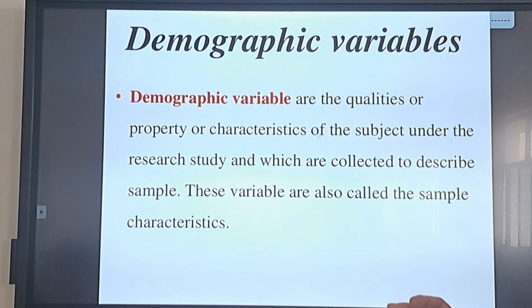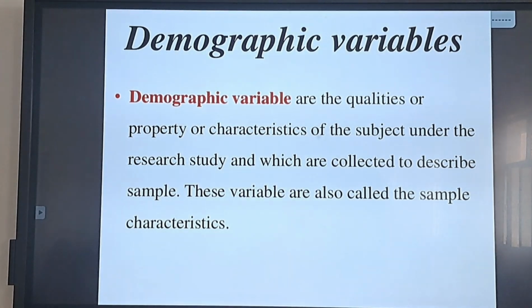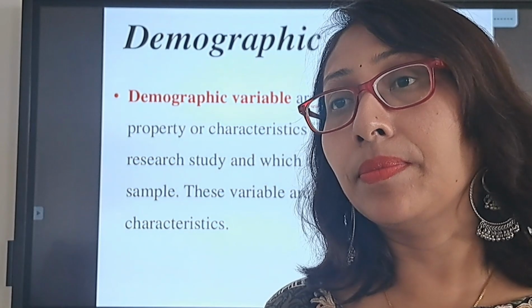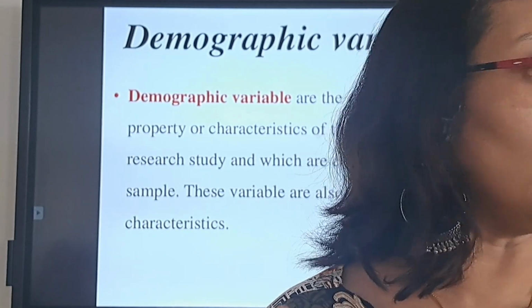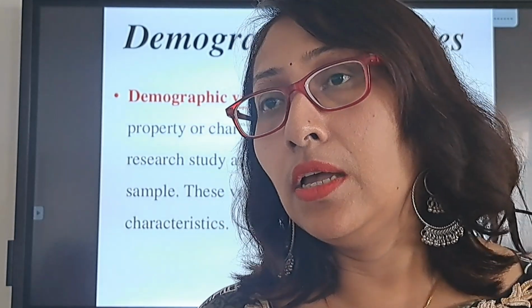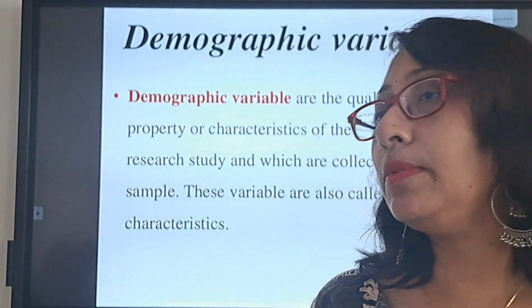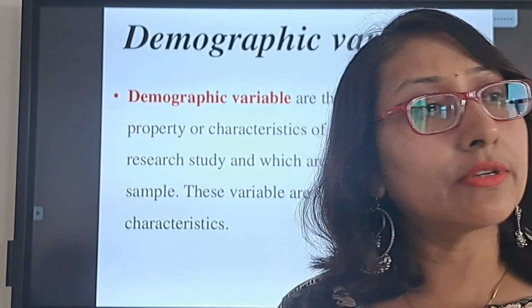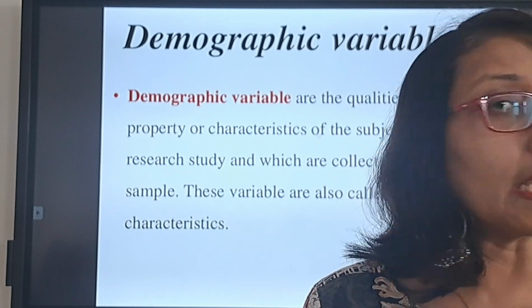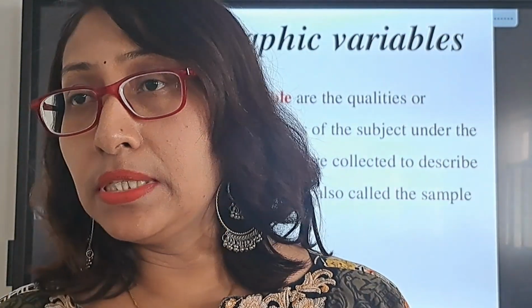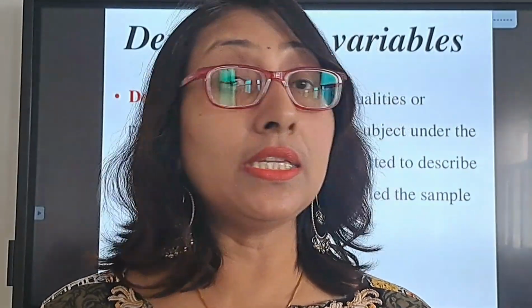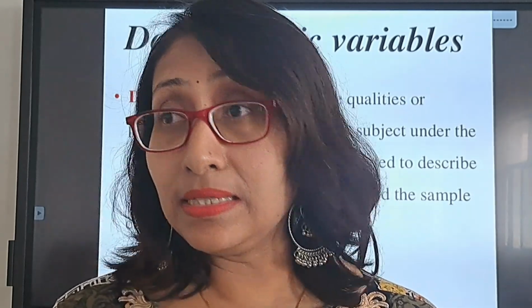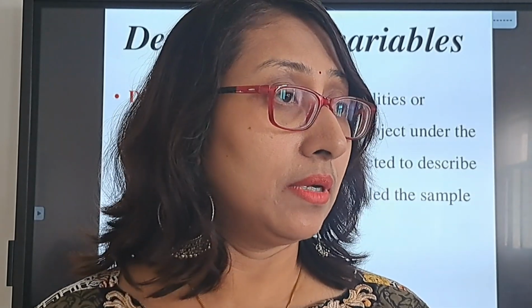Under the research study, they are connected to describe the sample, like educational status. What is your educational status? You are one of the samples for this study. So your educational status may be BSc third year, BSc fourth year, graduate, postgraduate, primary level education, secondary level education, senior secondary level education. This is the statistics of the sample related to education.